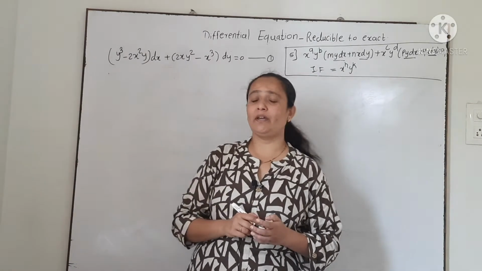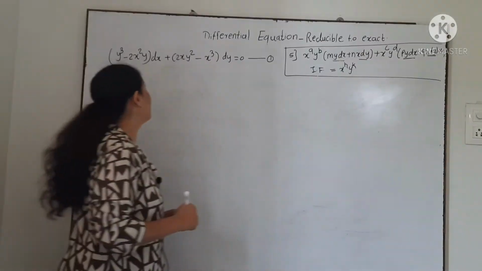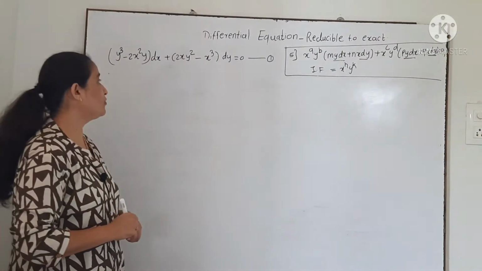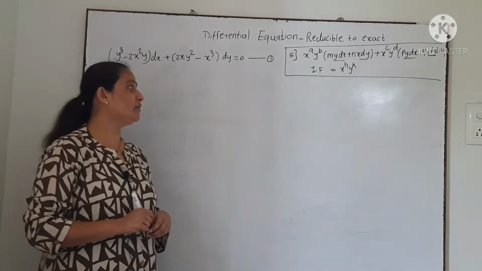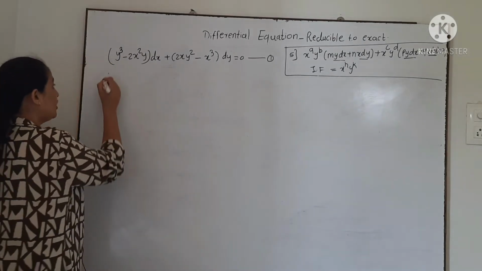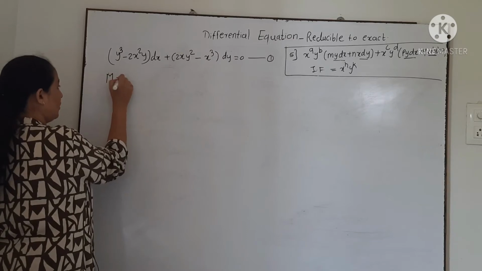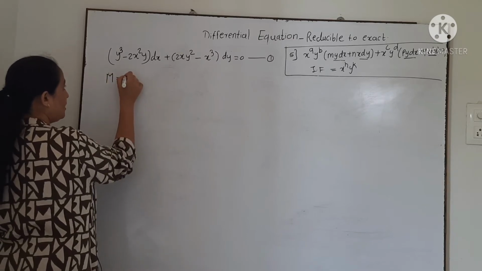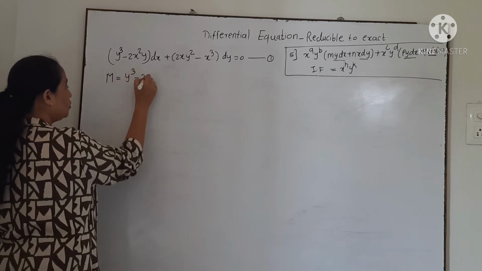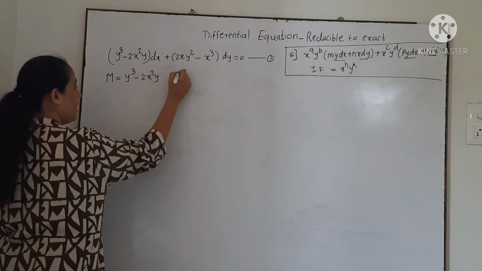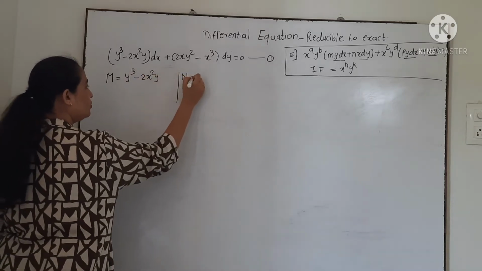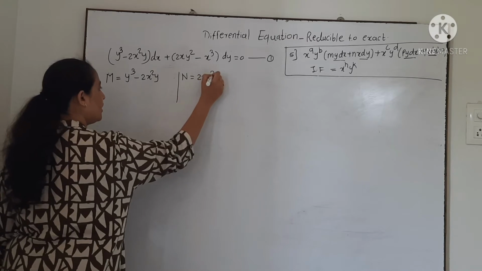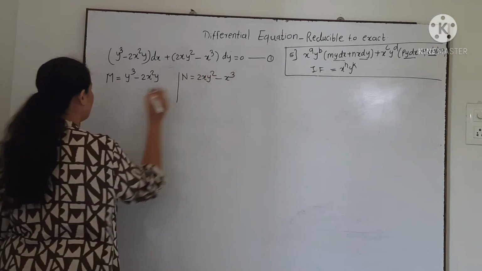Say y cube minus 2x square y dx plus 2x y square minus x cube dy equal to 0. First, we'll check whether the equation is exact or not. Value of m is y cube minus 2x square y and n is equal to 2x y square minus x cube.